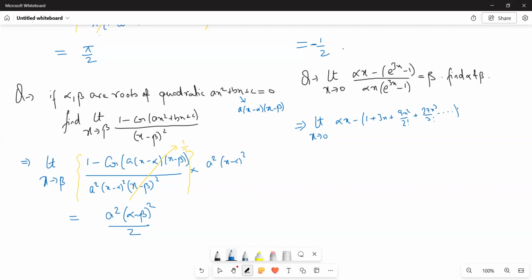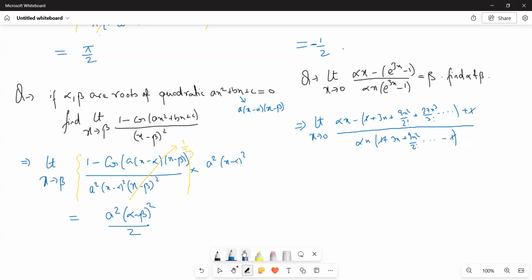and plus 1, divided by alpha x. So 1 plus 3x plus 9x square by 2 factorial dot dot dot minus 1. So now see what will happen, 1 and 1 cancel here, 1 and 1 cancel here.